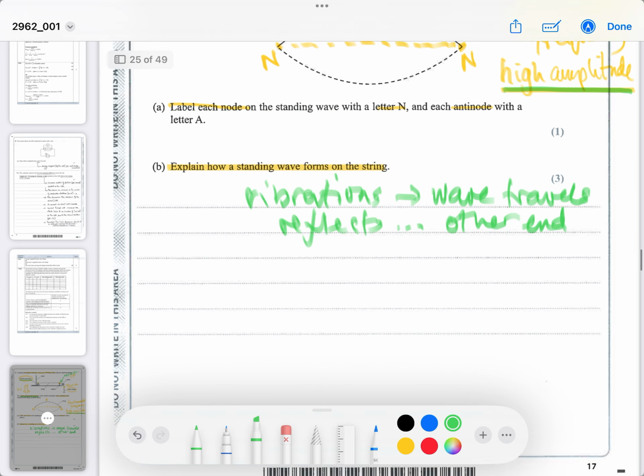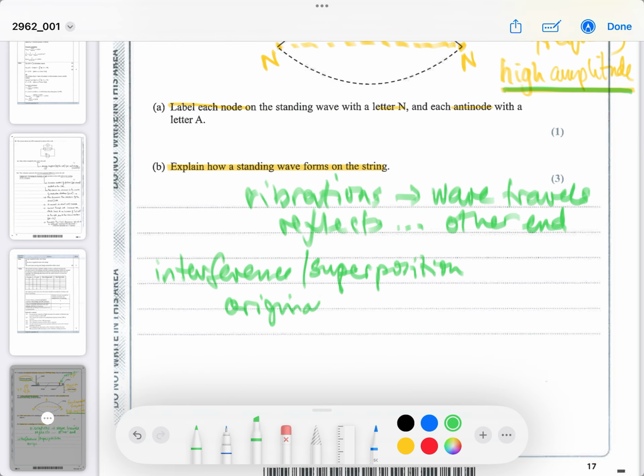So you're going to have interference or superposition of two waves, the original and the reflected. Now obviously they're the same wave, just bouncing back, so it's an echo, the reflection.